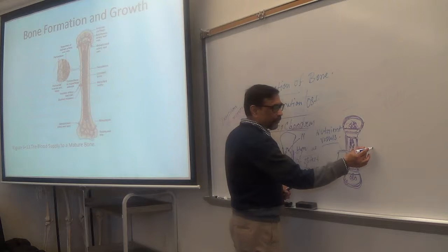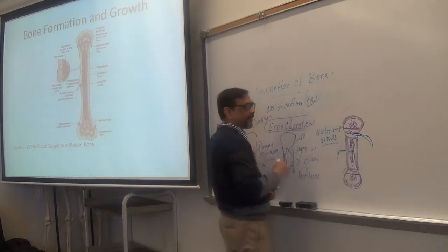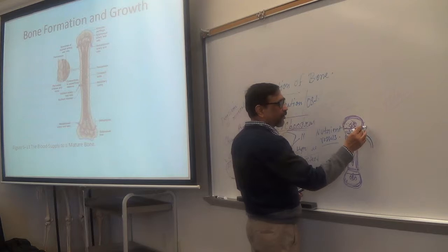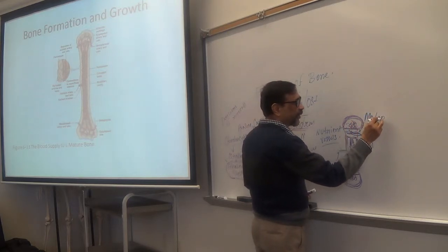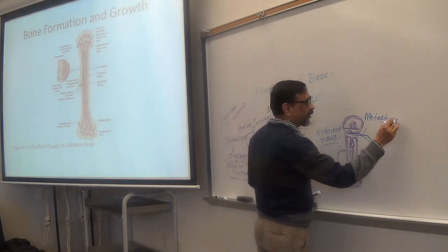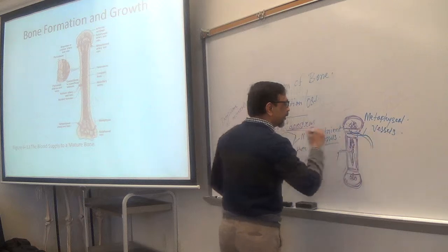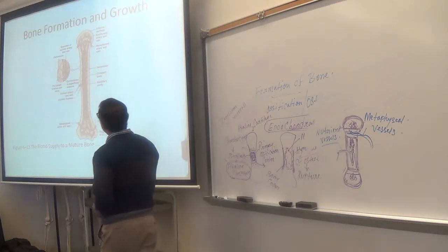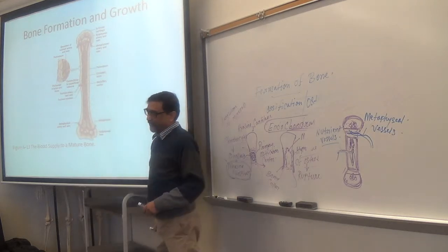Then, through the area where you have the epiphyseal plate, the blood vessels penetrate or pass. Those are called metaphyseal vessels. Okay. You see here, metaphyseal vessels.